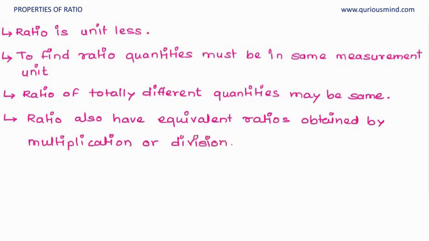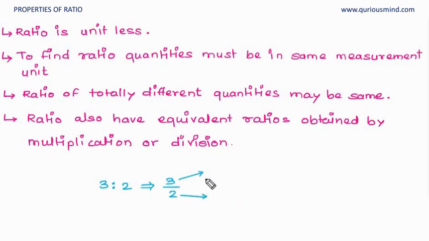One important thing about ratio. A ratio 3:2 is represented in fraction form as 3/2. But in fraction format we know this is part and this is whole. Isn't it? In fraction format, fraction is part upon whole. This is part, this is whole. But when we talk about ratio, this is not correct.